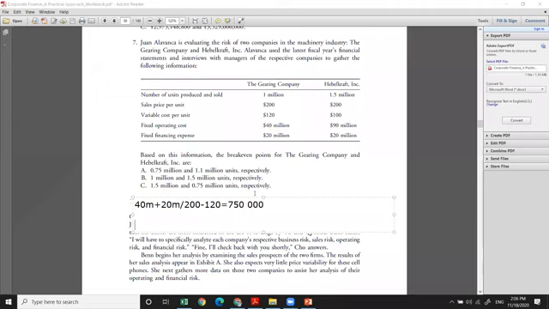And for the second company, I do the same thing. 90 million plus 20 million, divided by 200 minus 100. That would give me 1,100,000.